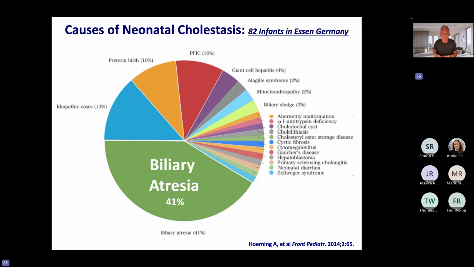And then you see the other causes: PFIC, preterm birth and immature metabolism. The idiopathic cases are getting smaller and smaller as we learn more about the genetic causes of cholestasis.